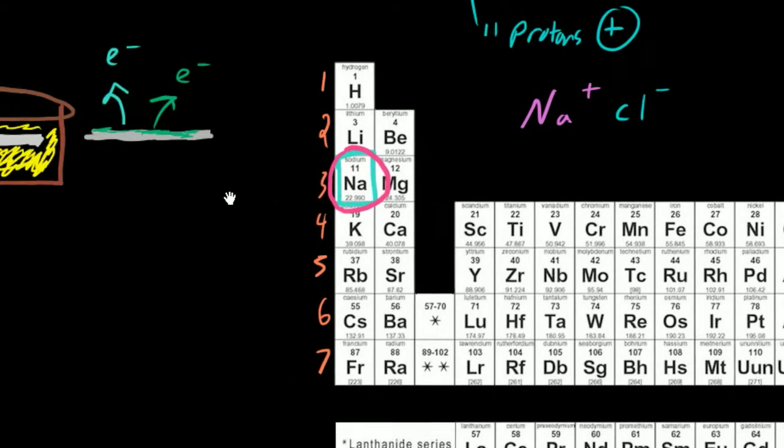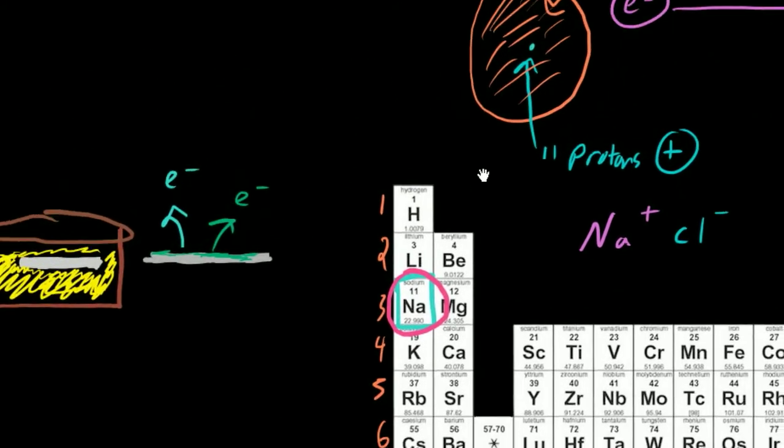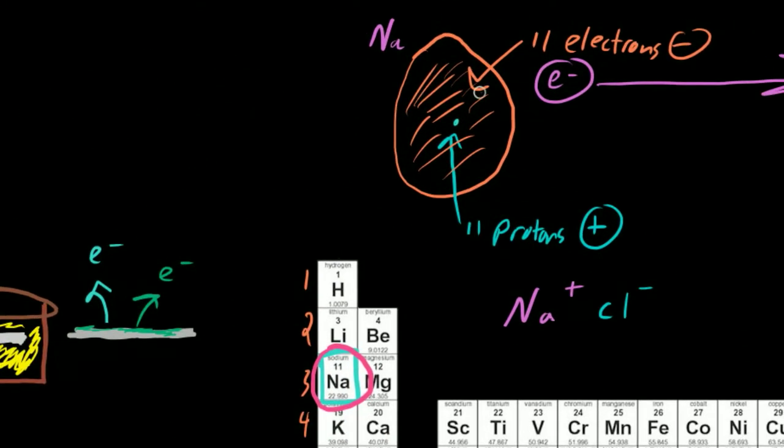So even though there is definitely an attraction for sodium, like I kind of said at the beginning of this video, even though there is a want in sodium, I guess you could say, to remain neutral, to say like, okay, look, I've got 11 protons, I've also got 11 electrons.